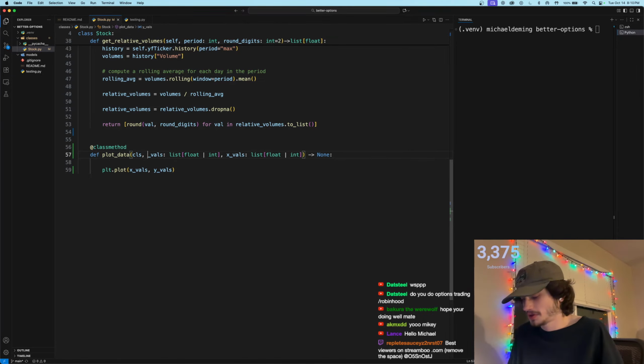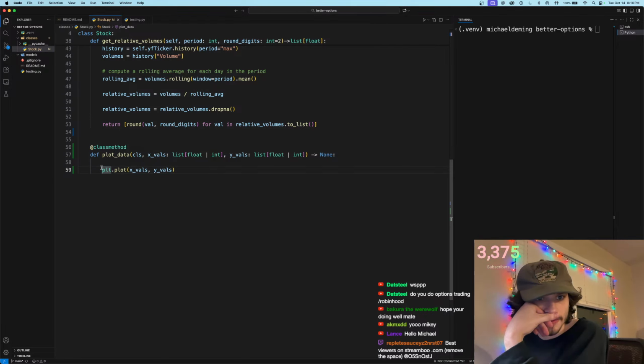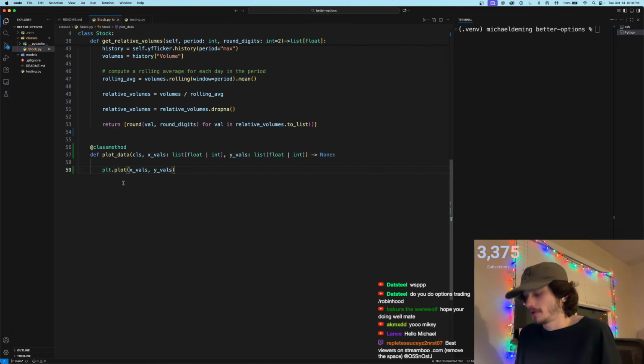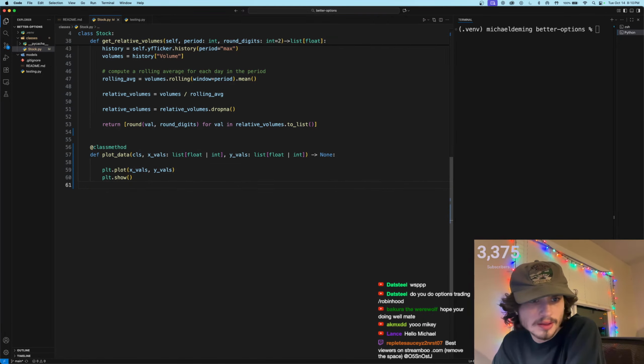Right? I'll change this up just so it's consistent. X, y. So this plots the x values and y values onto the plot. And then calls plot.show. Right?